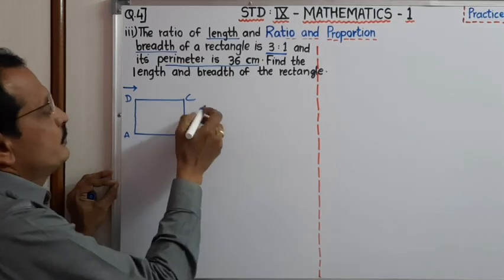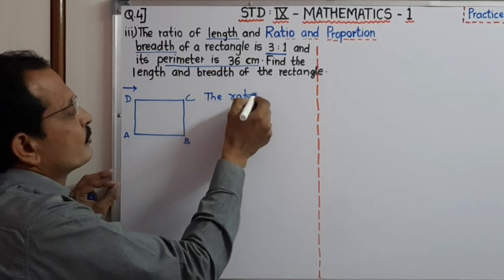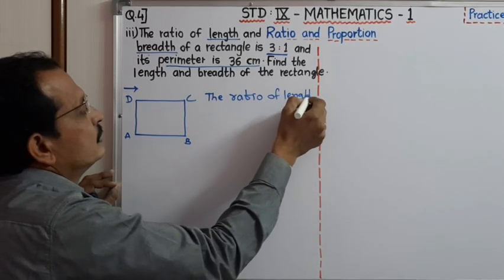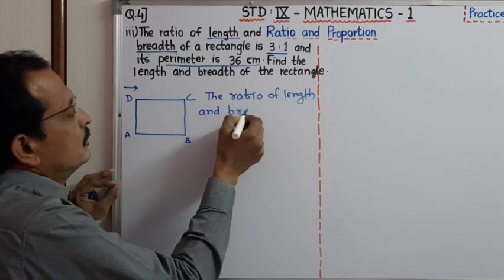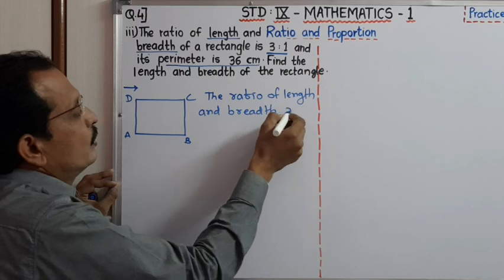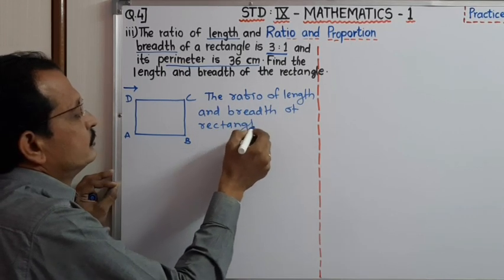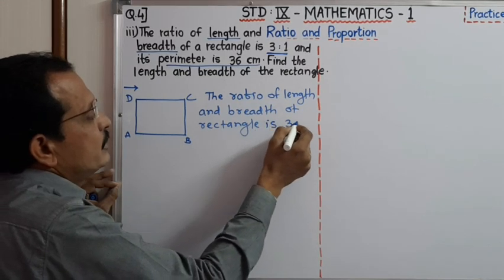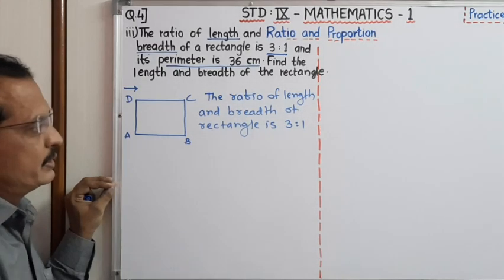For that purpose, see, we have to write here the ratio of length and breadth of rectangle is given as 3:1 and its perimeter is 36 centimeter.